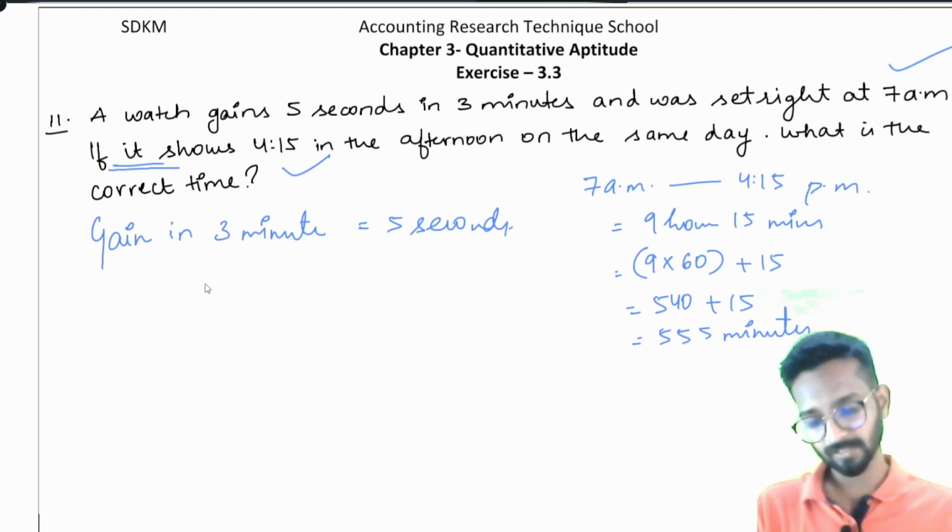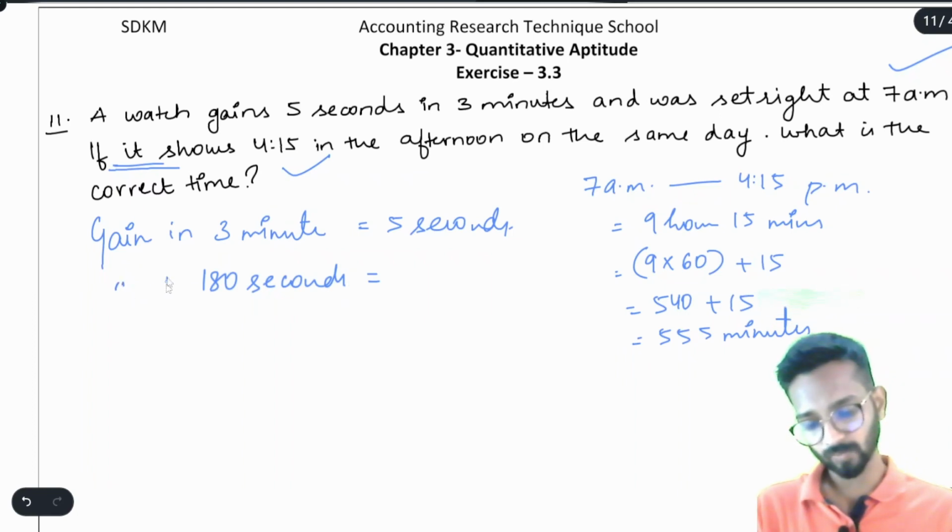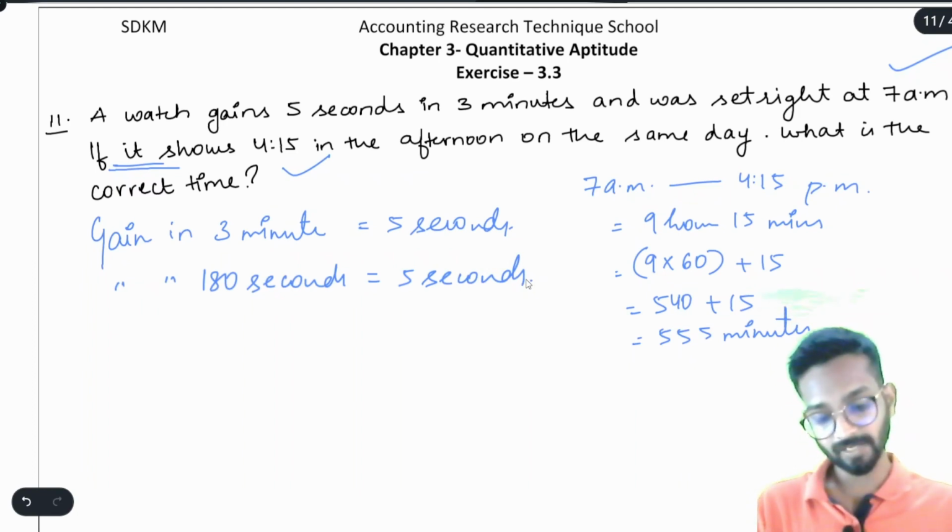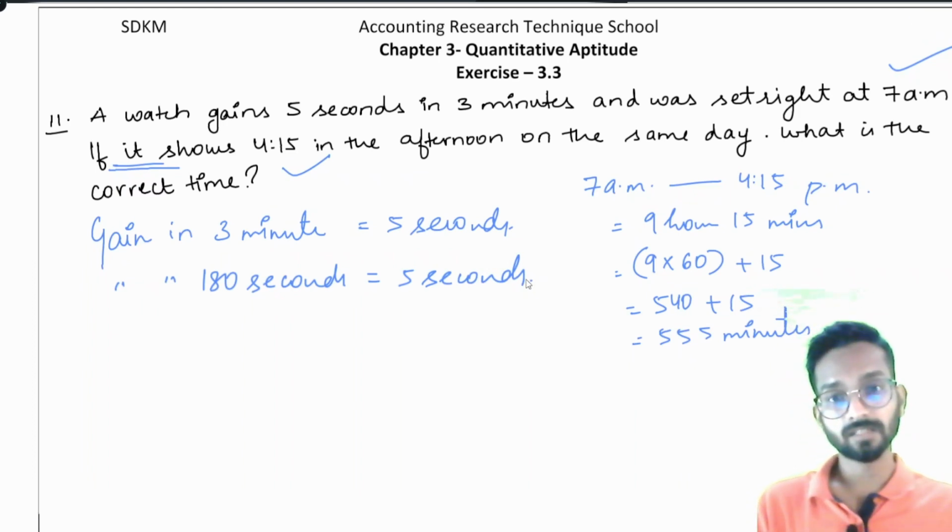We said that gain in 3 minutes is 5 seconds, or if I convert 3 minutes into seconds, 3 minutes is nothing but 180 seconds. So gain in 180 seconds is 5 seconds. Correct. It means after every 180 seconds, the wrong time shown is 185 seconds.